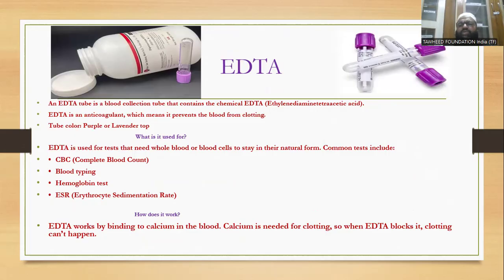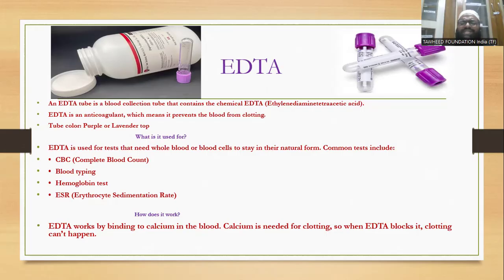What is it used for? EDTA is used for tests that need whole blood or blood cells to stay in their natural form. Common tests include CBC, complete blood count, blood typing, hemoglobin test, ESR, erythrocyte sedimentation rate. Again, ESR can be done in a sodium citrate tube also.